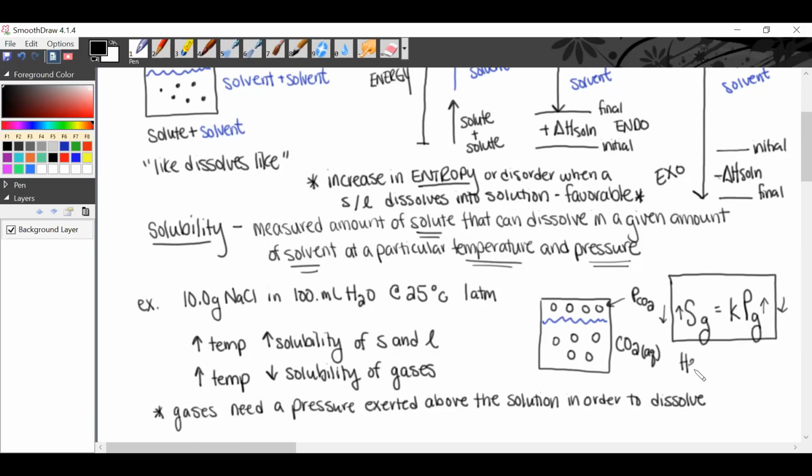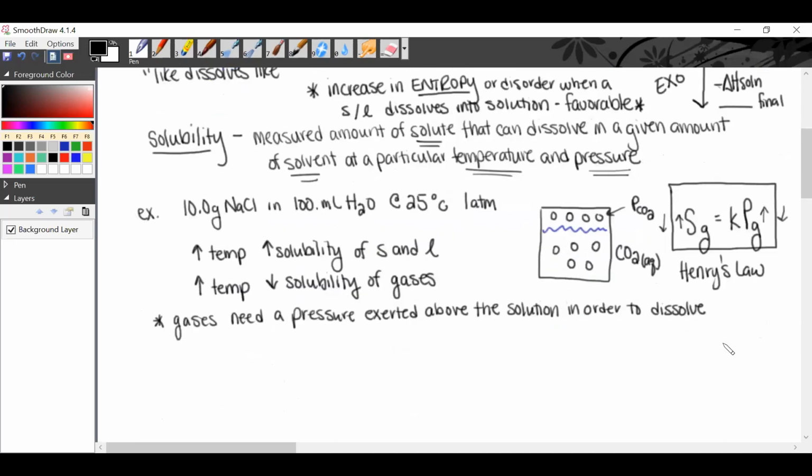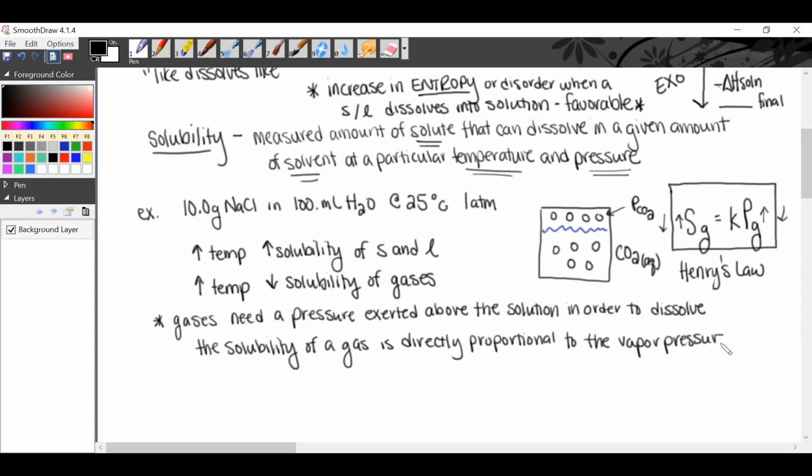And this is called Henry's law, which basically says that the solubility of a gas is directly proportional to the vapor pressure of that gas above the solution.